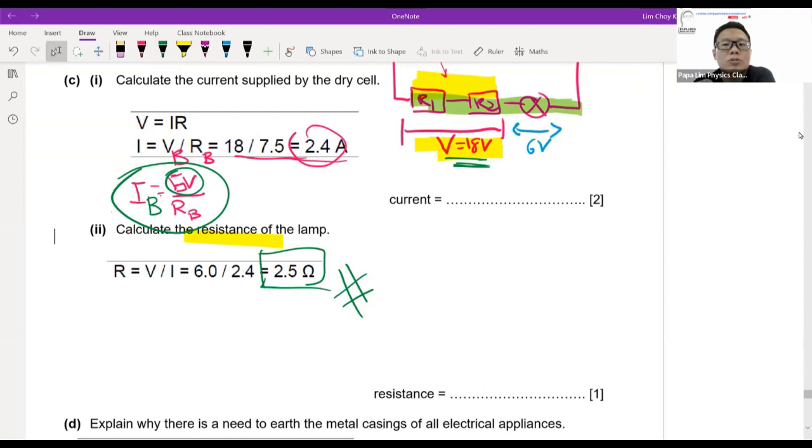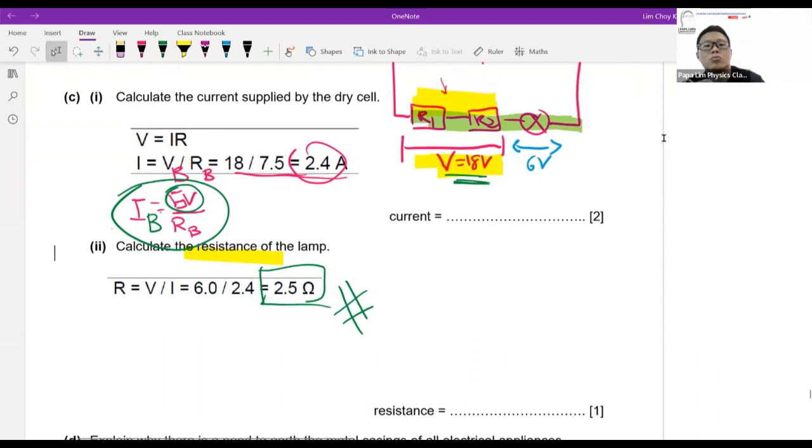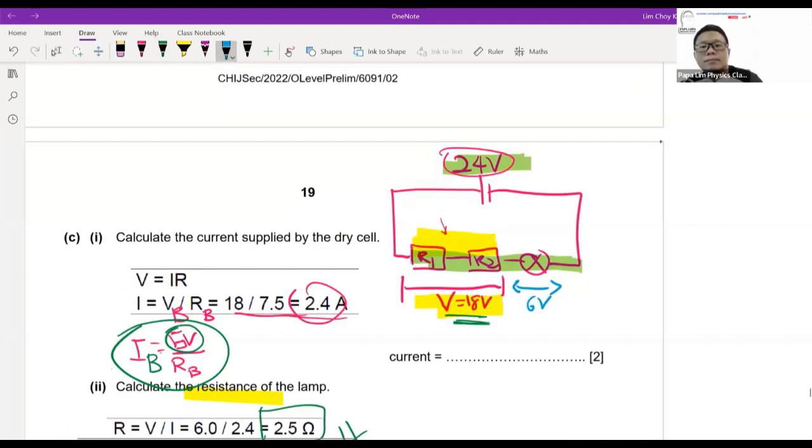For some currents and potential differences, there is more than one mathematical working. This is good news for us because we can use different approaches to check the answer. Like I mentioned before, I can use these two approaches to check that the current supplied by the dry cell is correct.